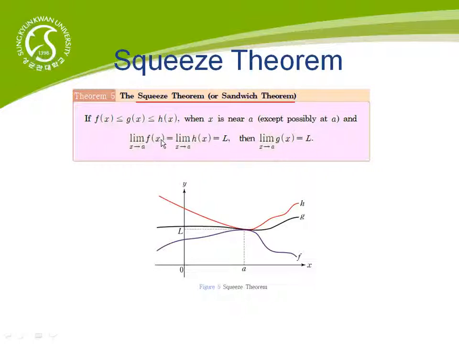If the limit of f of x is equal to L when x goes to a, and also the limit of h of x is equal to L when x approaches a, then this middle function should also converge to L. That's what it says. So if this g of x function is in between this red and blue one, then this black function should approach L like those two functions do. This is called the squeeze theorem or sandwich theorem or just simply the sandwich property.